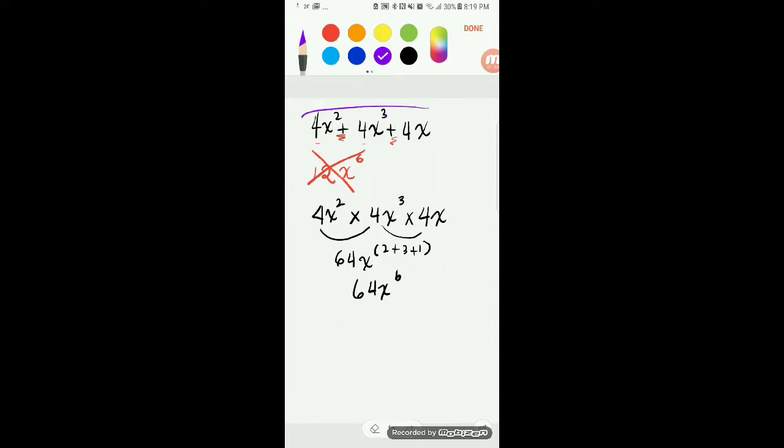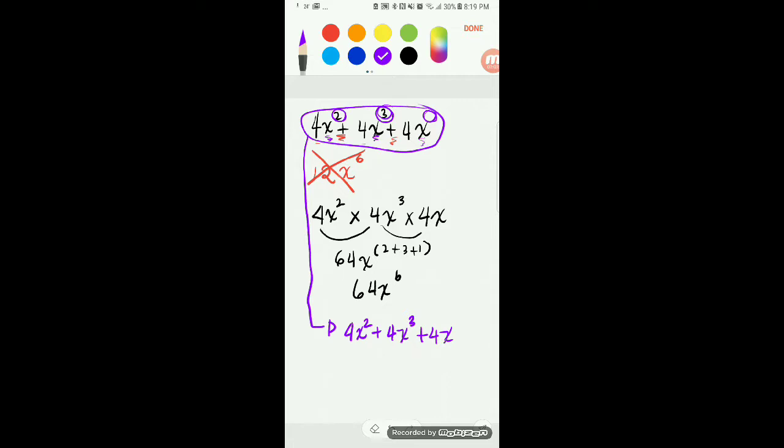This is your expression. Now, even though the variables are the same, they're all x, you cannot add these because the indices are different. So what is the simplified expression of this? Okay, it is 4x squared plus 4x to the 3rd power plus 4x.